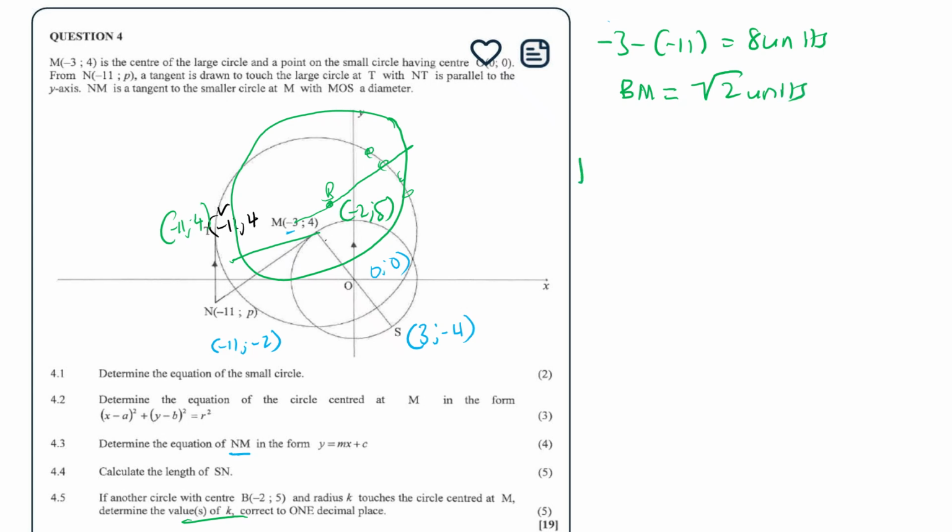Therefore K is equal to 8 minus root 2, which, correct to one decimal place, is equal to 6.6 units, or K can be equal to 8 plus root 2, which is equal to 9.4 units. Right? So you are comparing the distance of BM, their centers, and their radius. We are told that the radius K touches the circle centered at M.